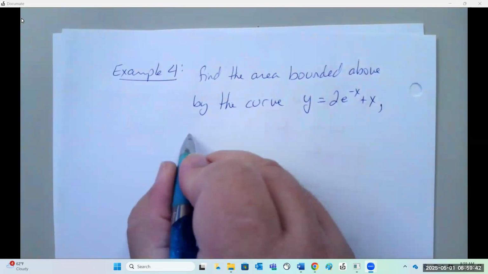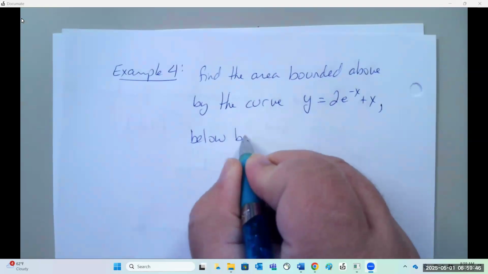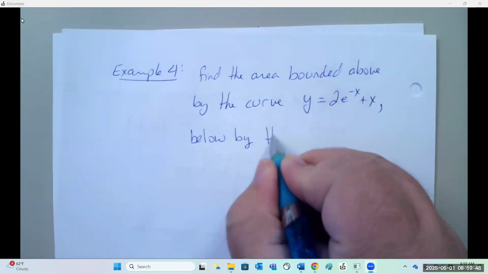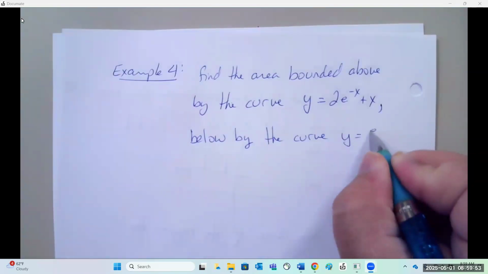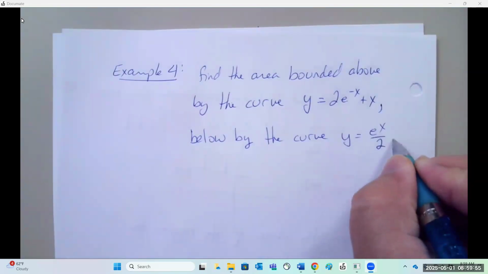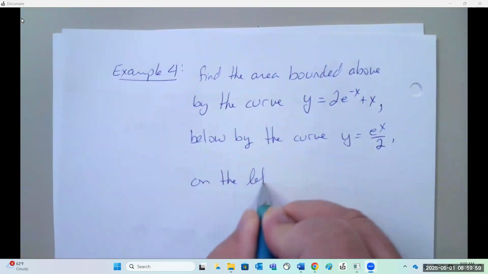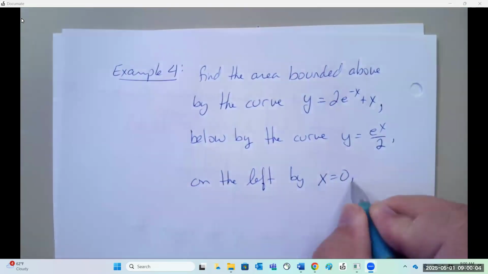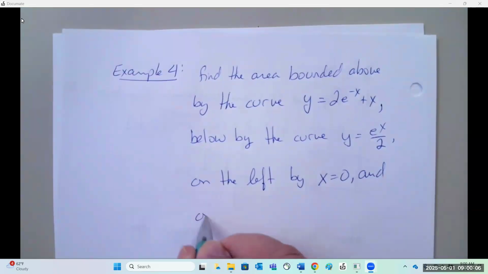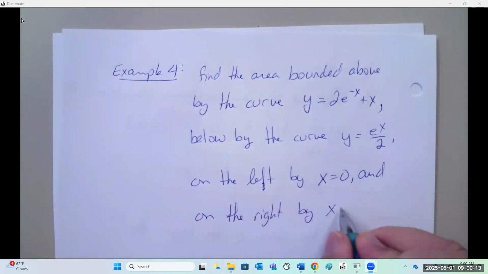That's the first condition. Below by the curve y equals e to the x over 2. On the left by x equals 0. And on the right by x equals 1.